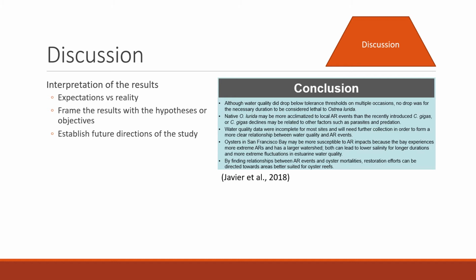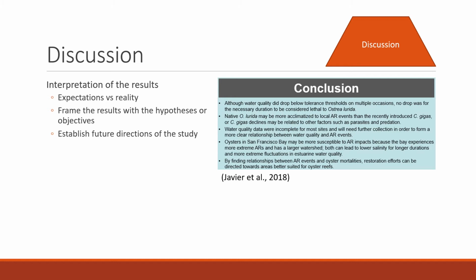Lastly, in this section, you also want to establish how your study fits in the overall picture, the global picture. What do your results say about the future of your field? And how can future studies build on top of what you have done in this one?